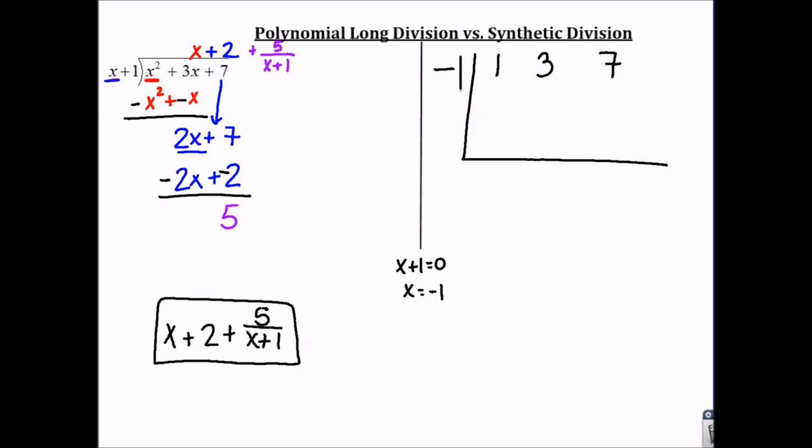So I'm going to write that outside the L. So if you had 2x plus 1 as your thing that you were dividing by, you would end up with x equals negative 1/2, so you would use negative 1/2 on the outside. So when you do synthetic division, the first thing you do is just bring that first number all the way down.